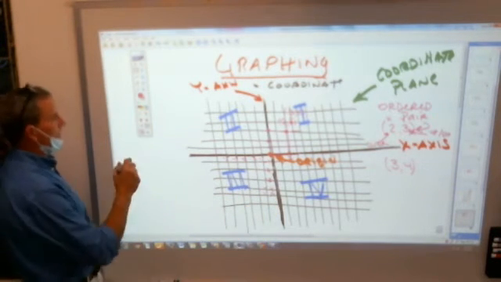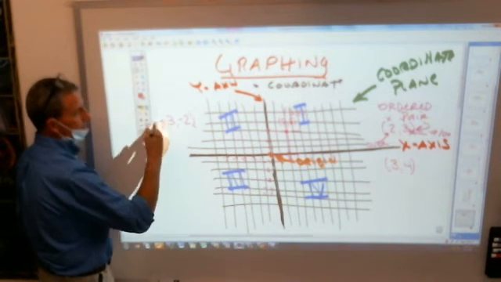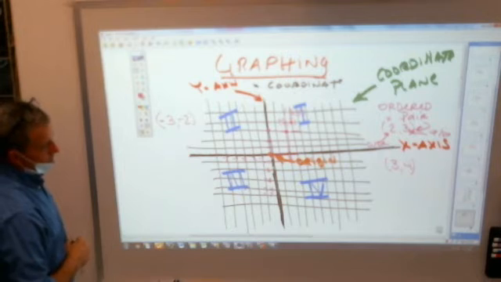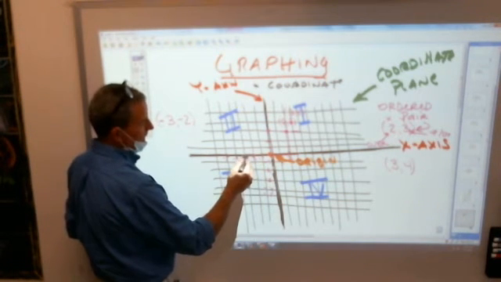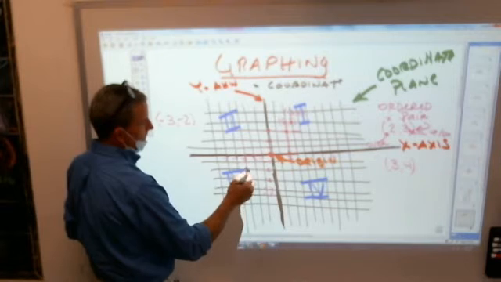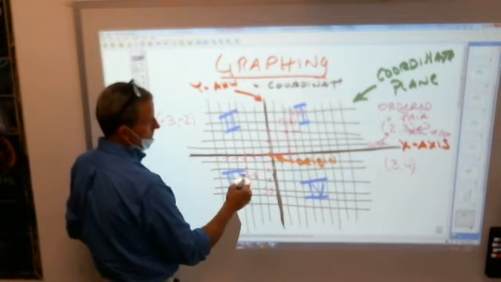So if my ordered pair was negative 3 comma negative 2, I go over or backwards 3 and down 2. There's my point, negative 3, negative 2.